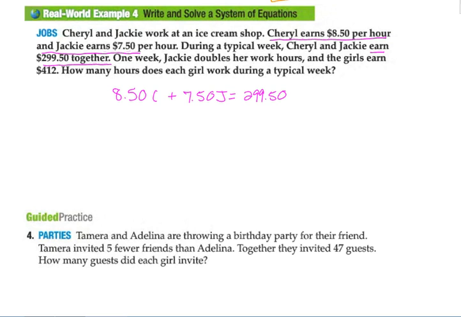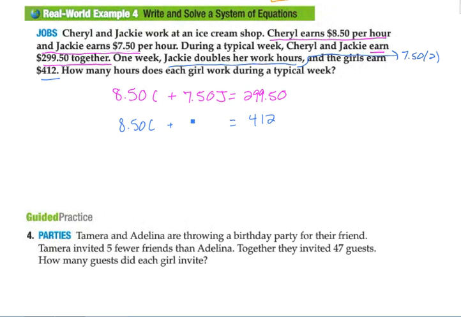Looking at this next one, it says Jackie doubles her work hours and they earn $412 together. So we know they earn $412 together. It doesn't say anything about Cheryl. So Cheryl still worked the same amount of hours, but Jackie doubled hers. So we're going to say that with Jackie doubling, that's going to be 7.50 times 2.